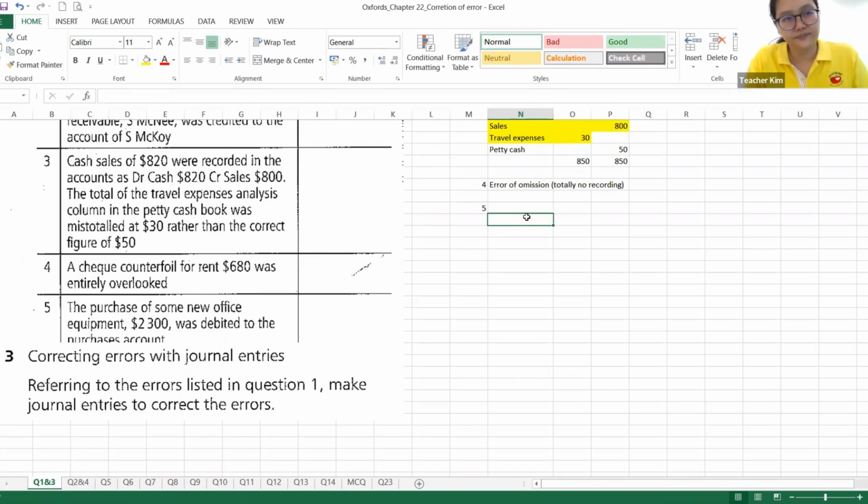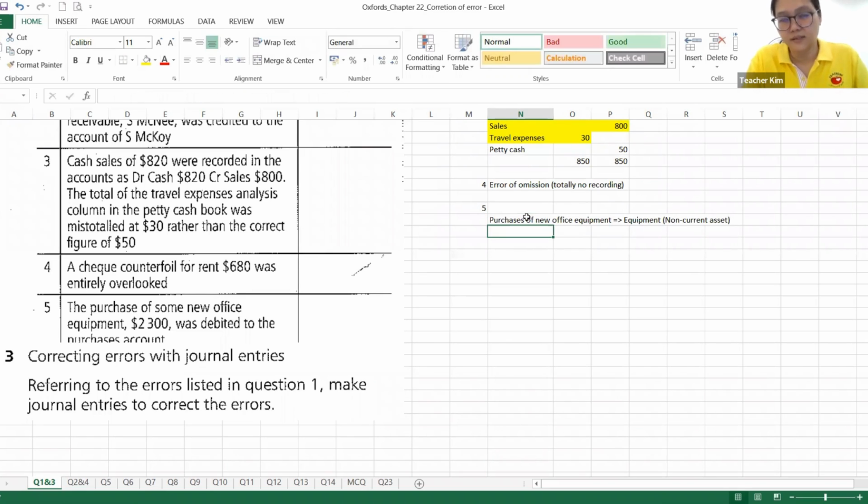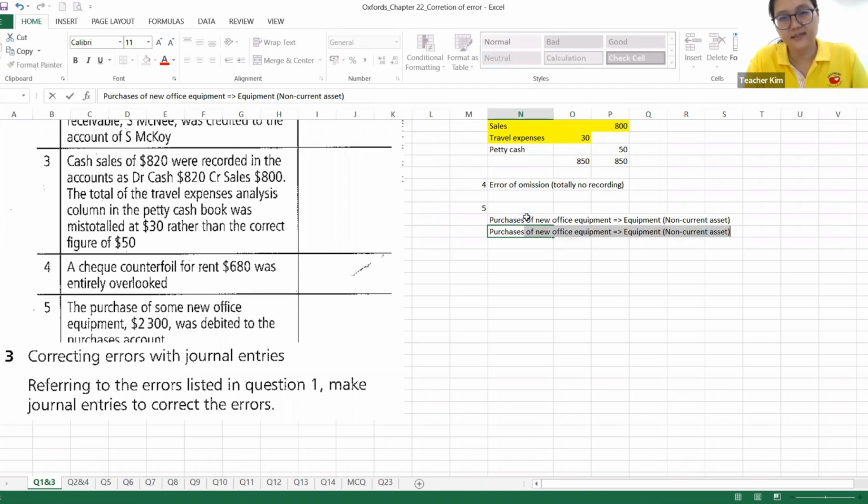The purchase of new office equipment should be recorded under the equipment account, which is a non-current asset, but we go and debit it to the purchases account. Purchases account is only for the goods purchased for resale.